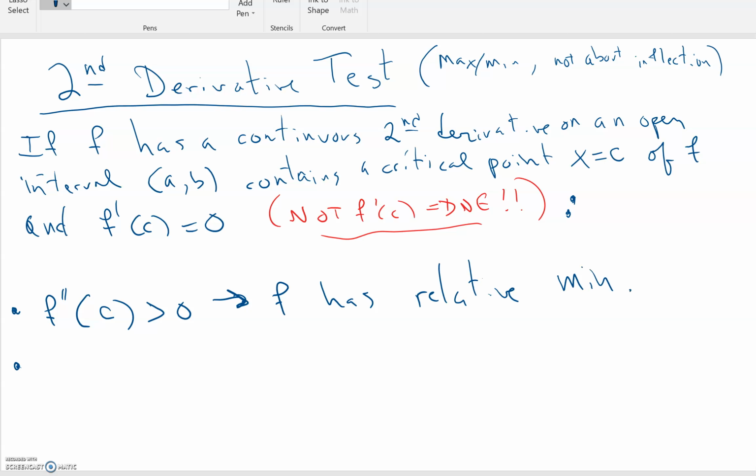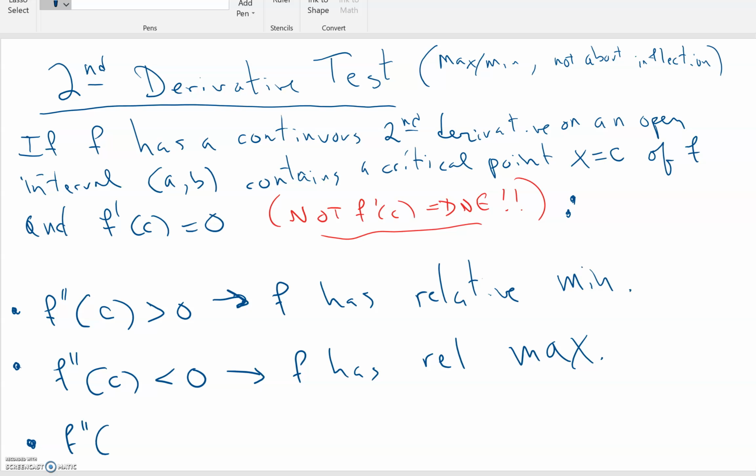Number two, if f double prime at c is negative, then f has a relative maximum. And finally, if f double prime at c is 0, then it's inconclusive. Okay, so that is the second derivative test for relative extrema, minimums and maximums.